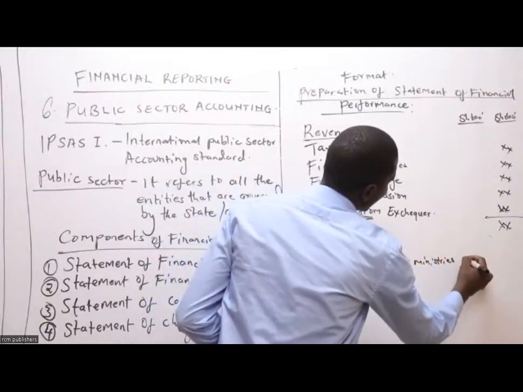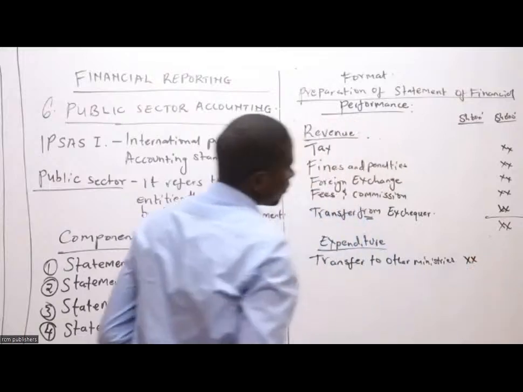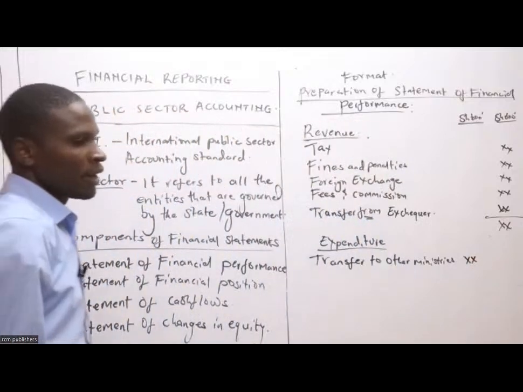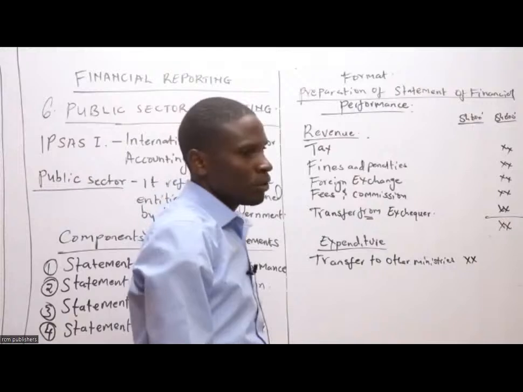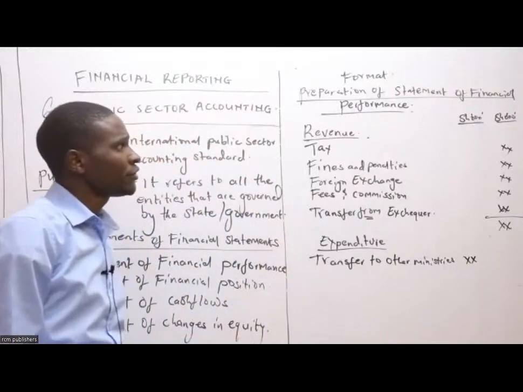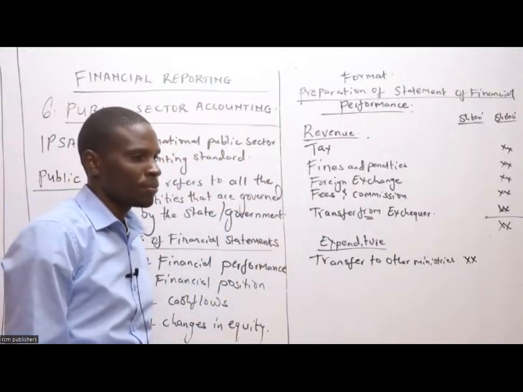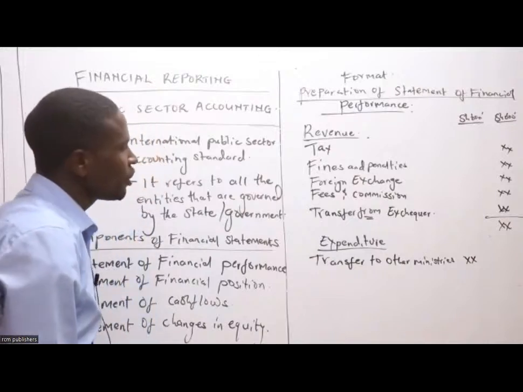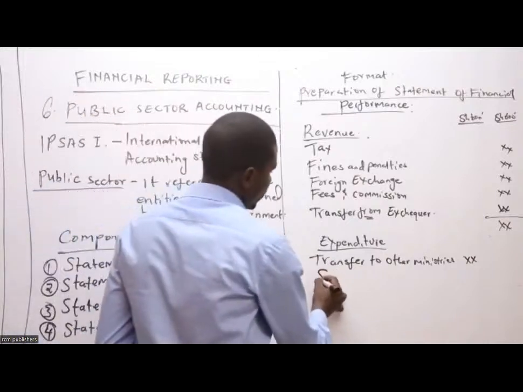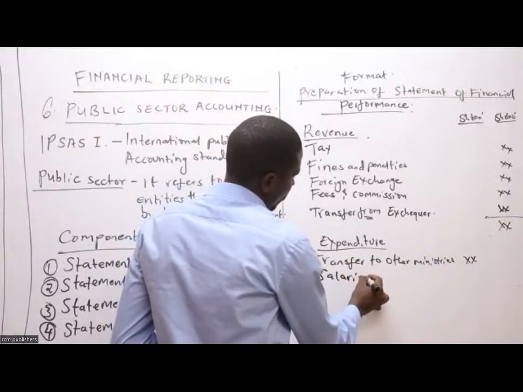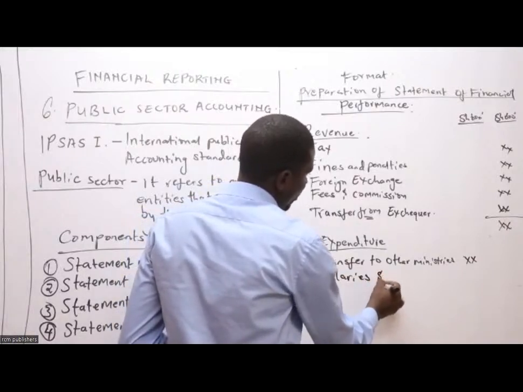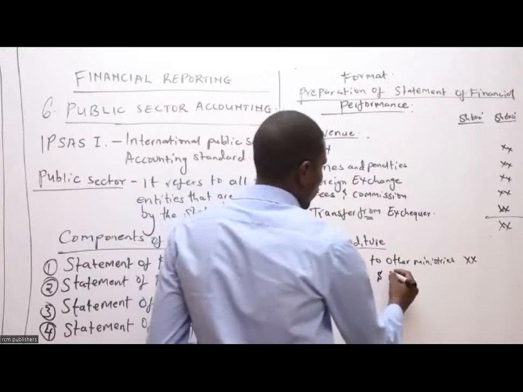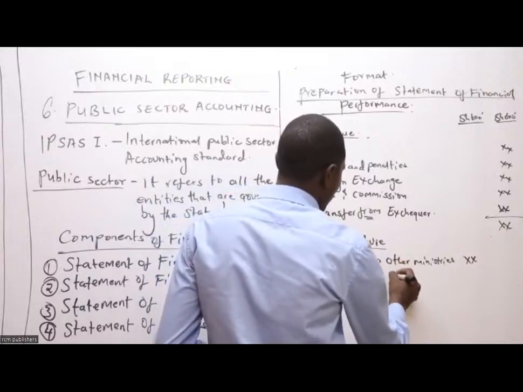Hiyo ni kumaanisha tunaweza iweka this column, that column. Then under the public entities, we also have employees. So employees need to be paid. Therefore, salaries and wages. Hawezi kaa bure, hawezi fanya kazi bure ati juu ni government entity. They should be paid.